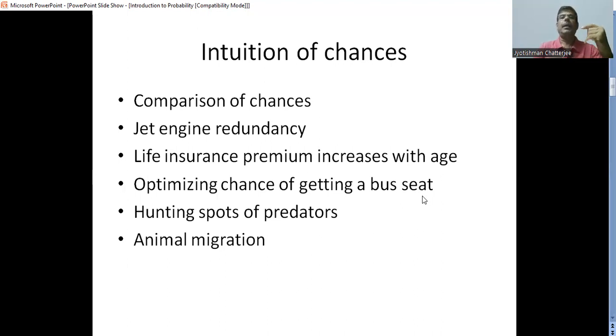Say, for example, waterhole or grazing land, etc. And also say, you must have heard about the great African migration, where lots of animals migrate thousands of miles. And why do they do so? Because they know where they are going, there is higher chance of getting food compared to where they are now. So there is a lot of this kind of intuitive game that plays on, not only among human beings, but also among other animals.